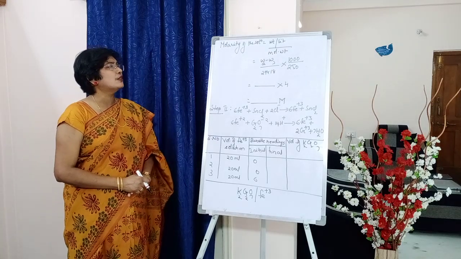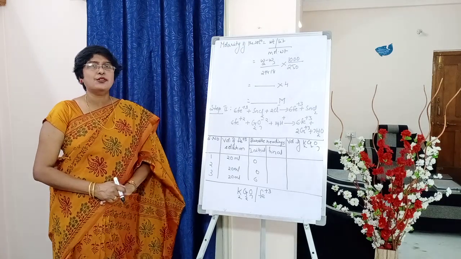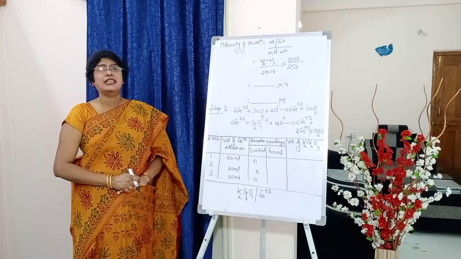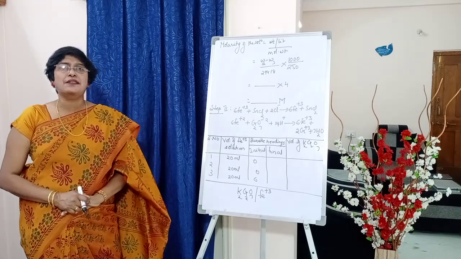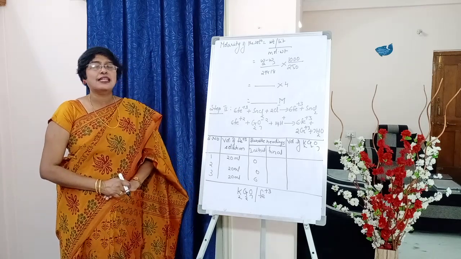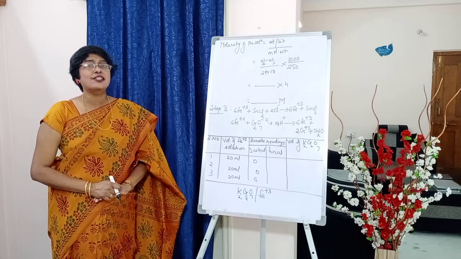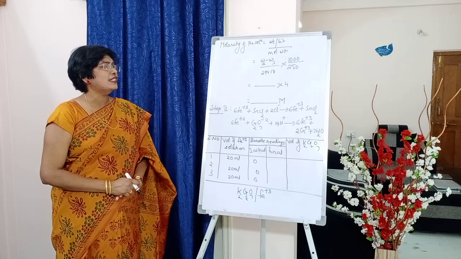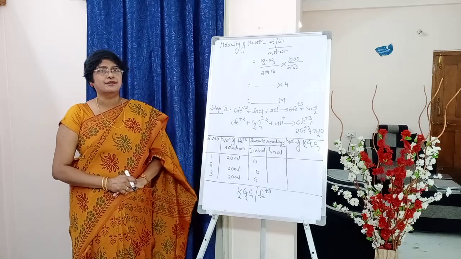So you will substitute W2 minus W3, divide with 294.18, multiply with 4, because 1000 by 250 gives us 4. Okay. So whatever value you get, that will be the concentration or molarity of K2Cr2O7, students. So finally I have written equal to dash capital M.